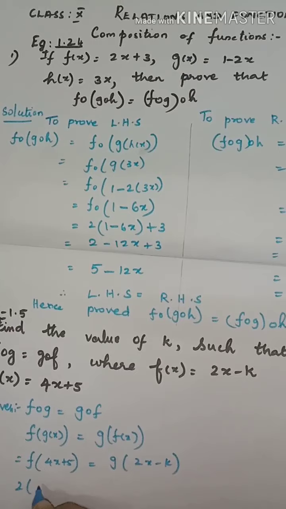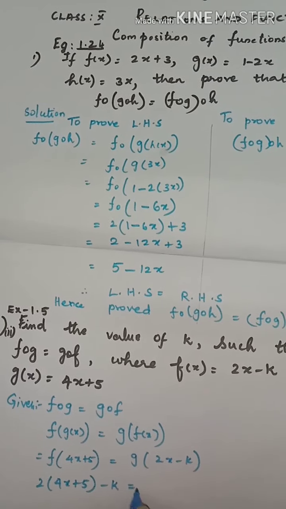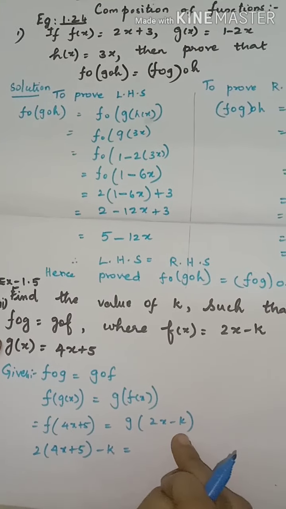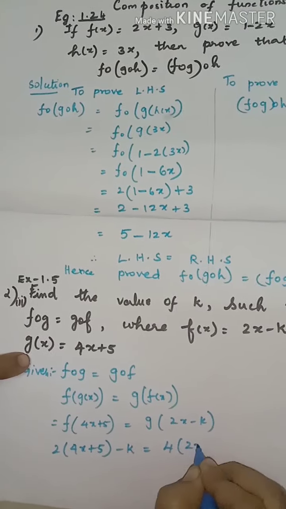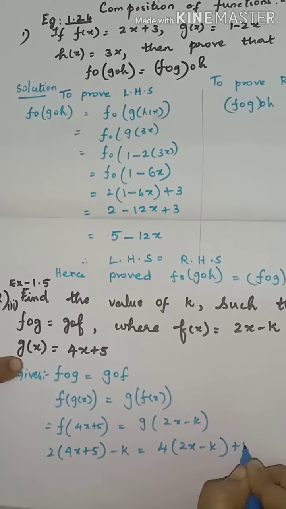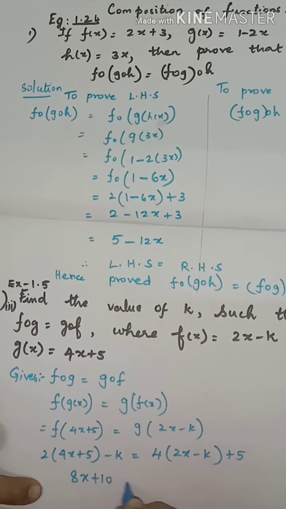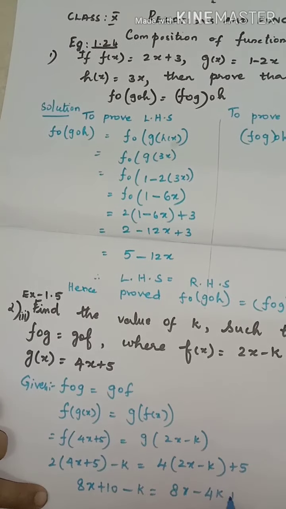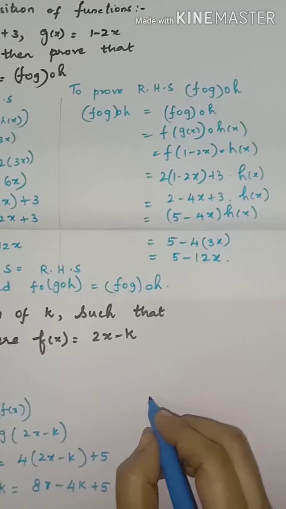So 2 into (4x + 5) - k, that is equal to, taking 2x - k and substituting in the g(x) function, 4 into (2x - k) + 5. You will get 8x + 10 - k = 8x - 4k + 5.